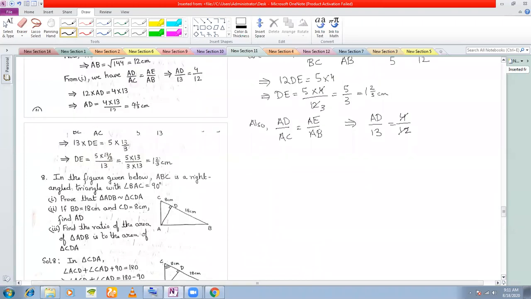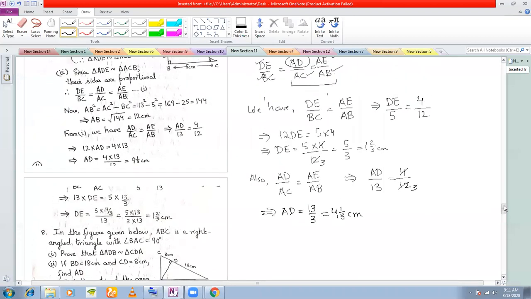So we can cancel this, and AD is equal to 13 by 3, which is 4 1/3 centimeters or 4.33 centimeters. So the second part of the question is answered.